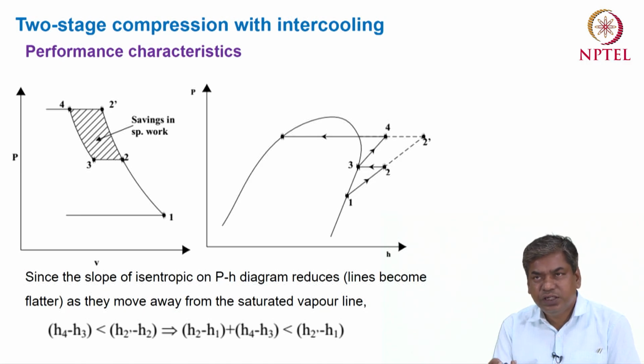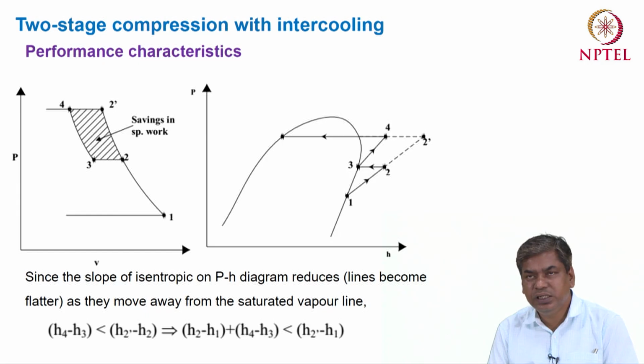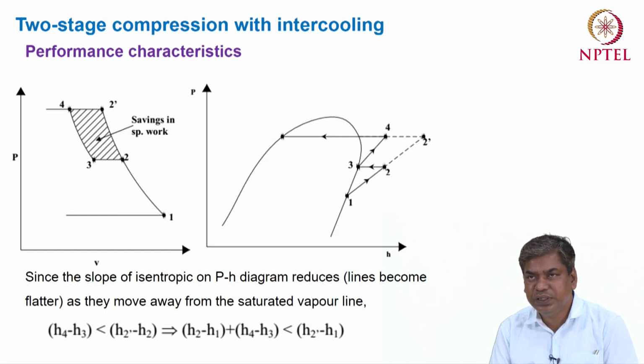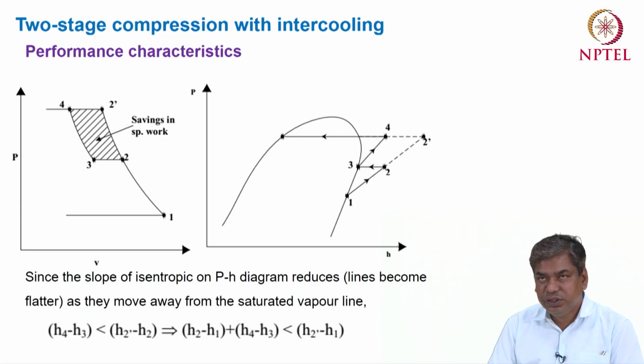Another advantage you can see easily from this figure, as we have seen in the TS diagram also, is that the discharge temperature will also be reduced. For the single stage compression the discharge temperature is T2 dash and for the multi-stage compression the discharge temperature is T4. T2 dash is significantly higher as compared to T4. So the compressor discharge temperature will also be reduced by using the two-stage compression with intercooling.